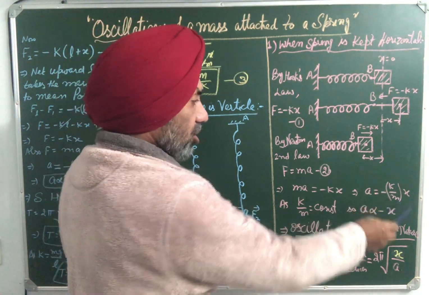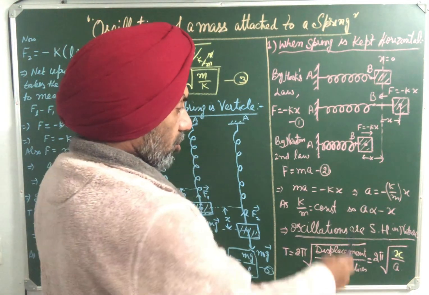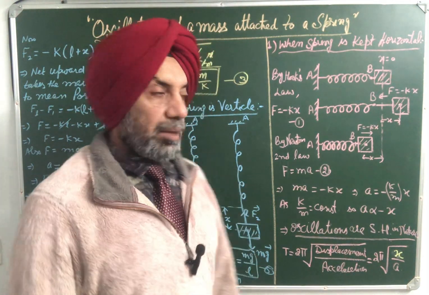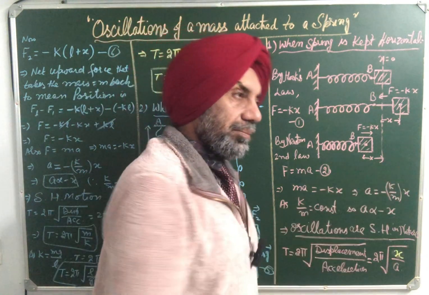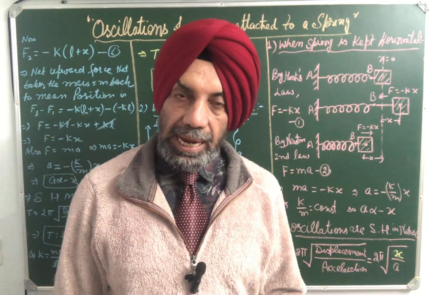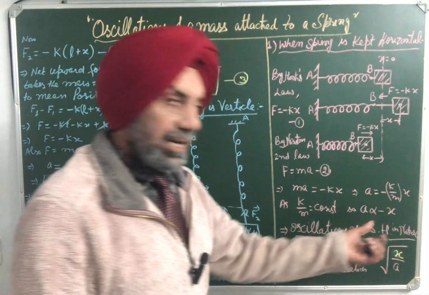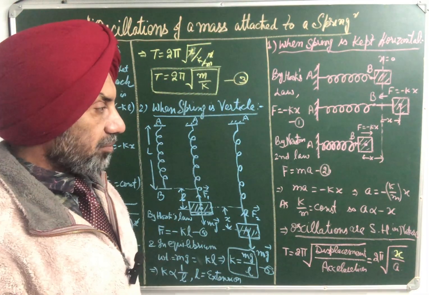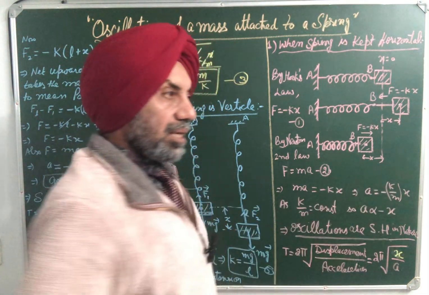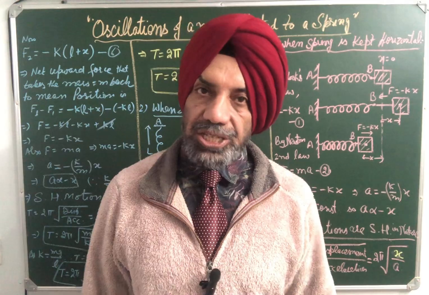As k by m is constant, a is directly proportional to minus x. It means the acceleration of the mass m is directly proportional to its displacement from the mean position, and the negative sign shows that it is directed toward the mean position. So oscillations of the mass are simple harmonic in nature.